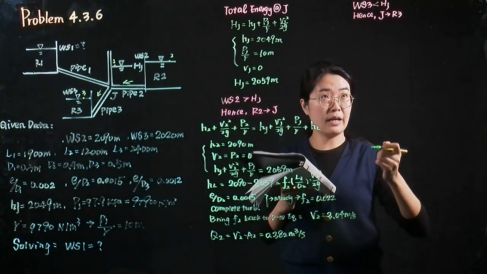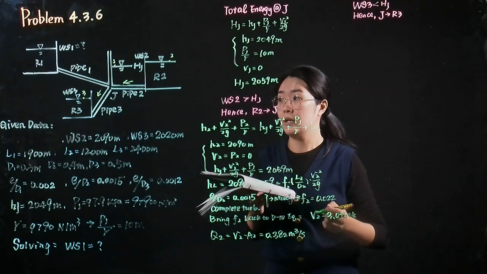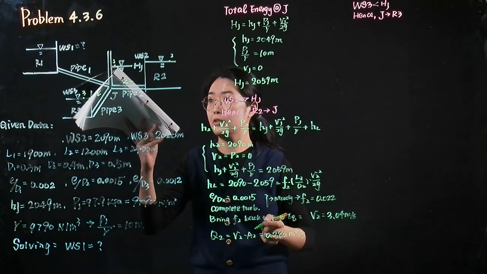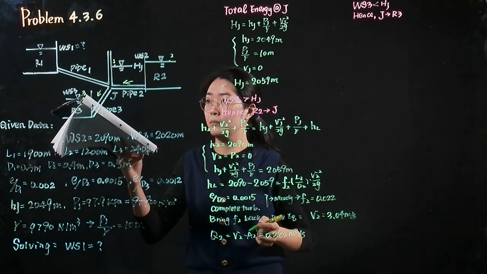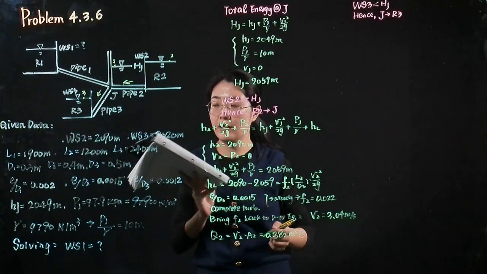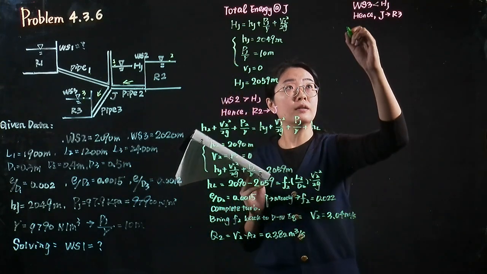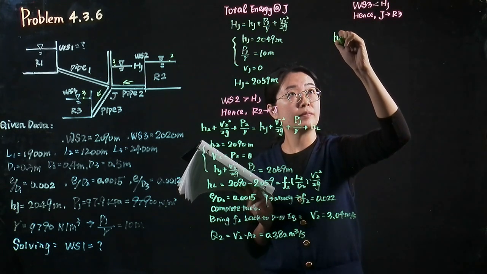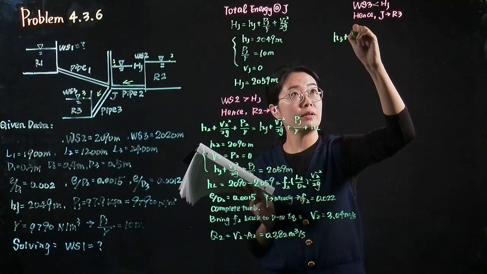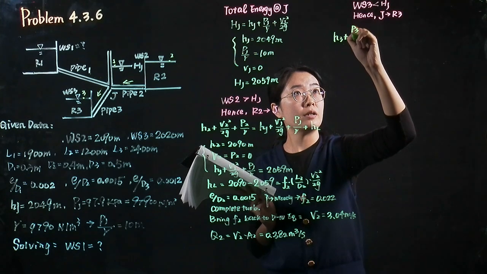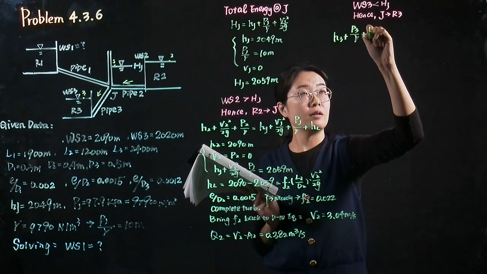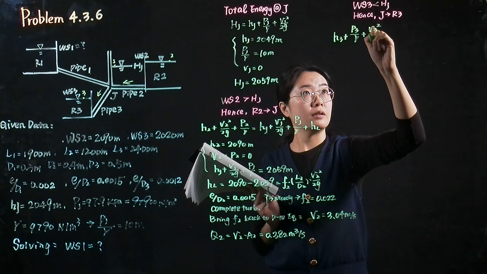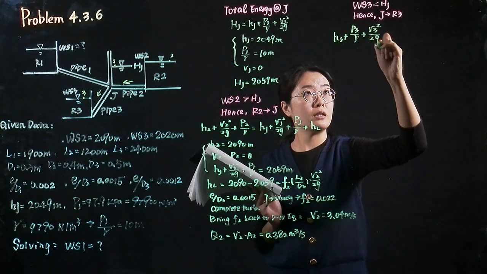Now let's write down the energy equation for the point at the joint point J and the point at the water surface in the reservoir 3. H3 plus P3 over gamma plus V3 squared over 2g.